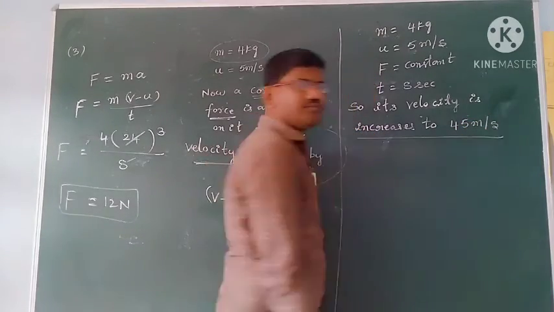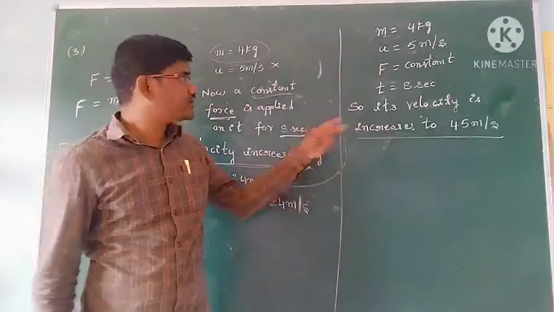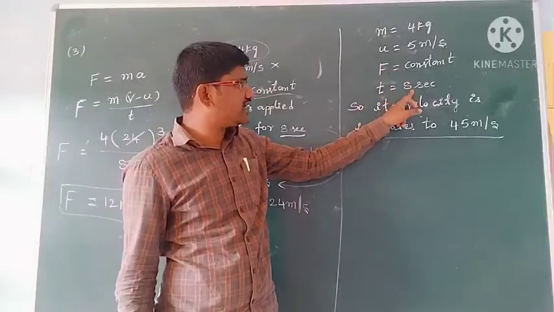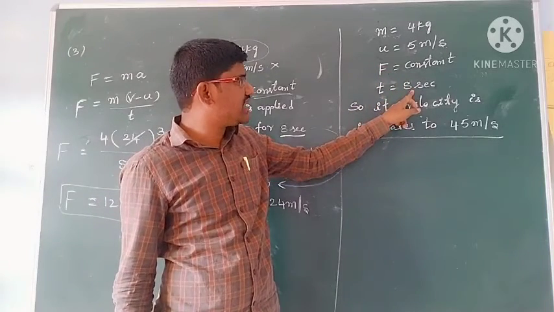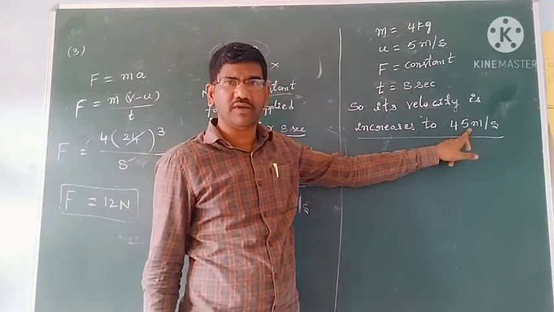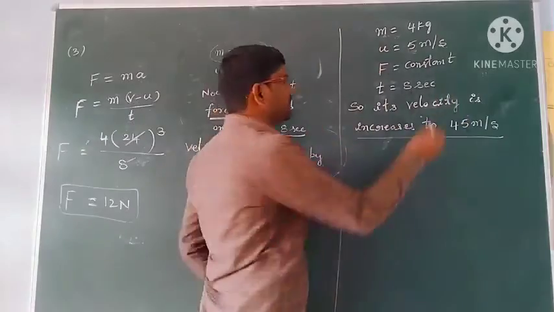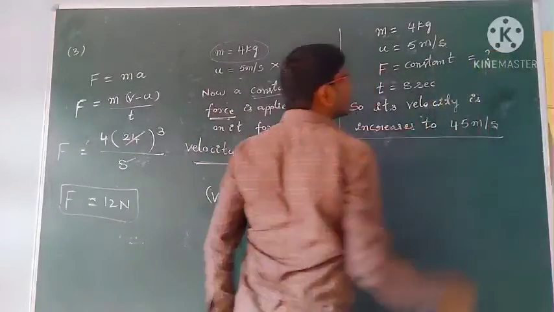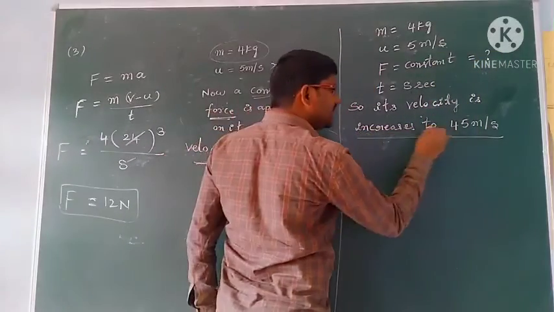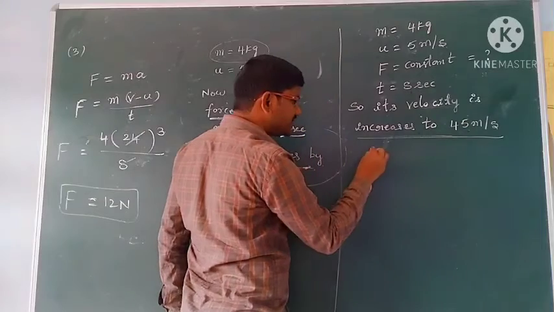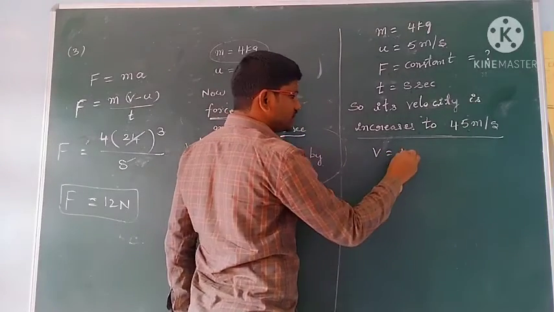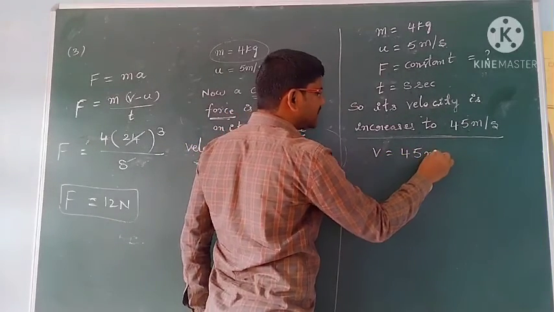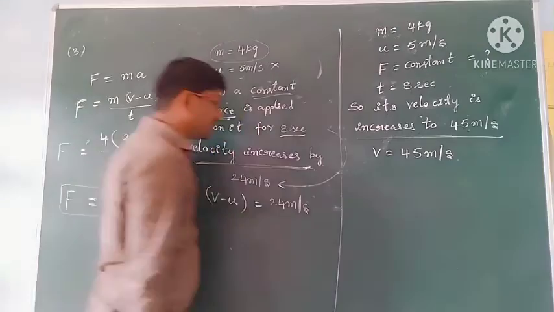Increases to I have given. Okay students, because of this force acting 8 seconds, the velocity has increased to 45 meters per second. Find F. Then they are asking to find this constant force. When they are saying increases to this much, that will become the final velocity. So this is the final velocity of 45 meters per second.